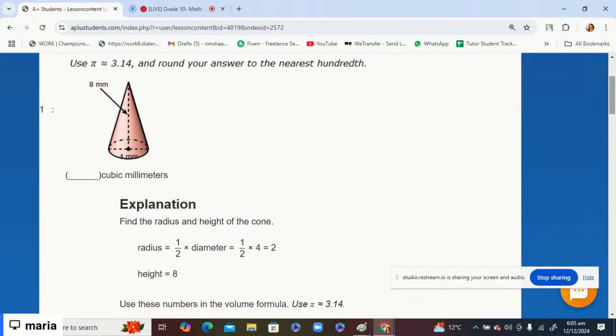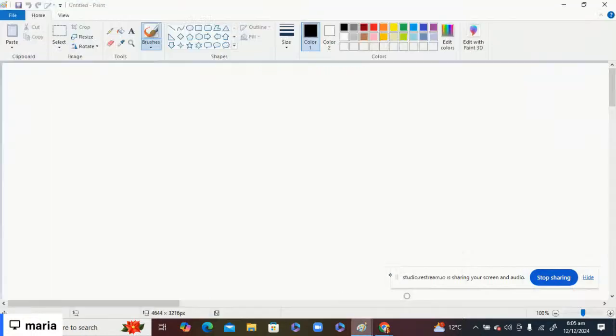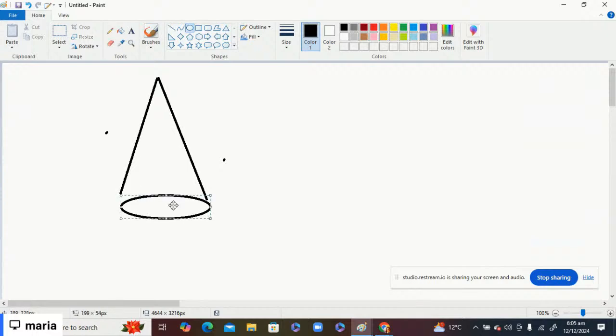Diameter is given, which is 4 millimeter. Because look at the shape of this cone. This is the shape of the cone.